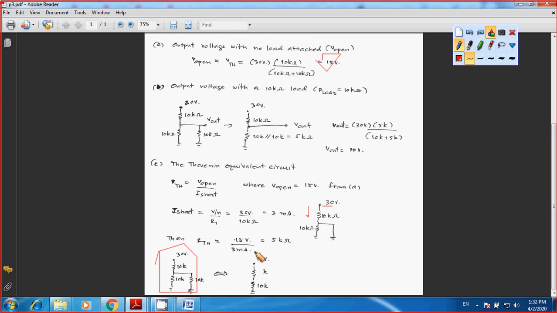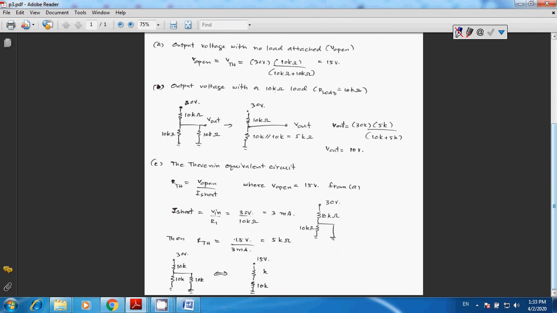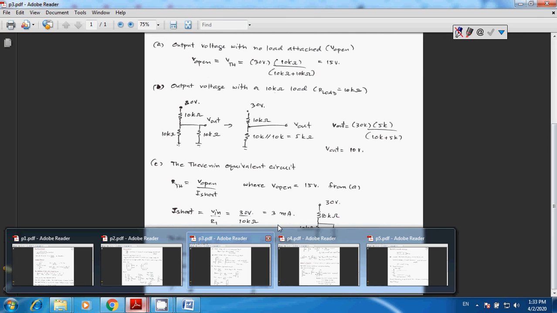You end up with your input to be 15 volts, and you have your RTH. Actually, sorry, I'm missing 5k here, in series with the 10k ohms load. Okay, that's how our Thevenin theorem works. Let's move to page number 4.